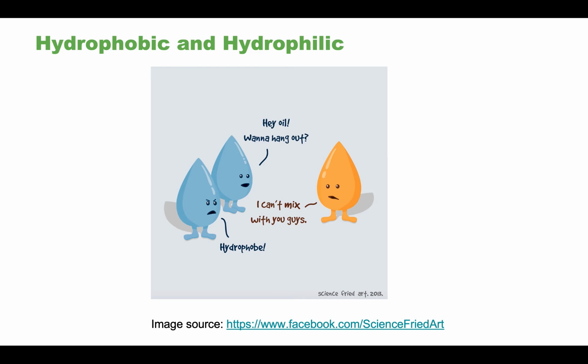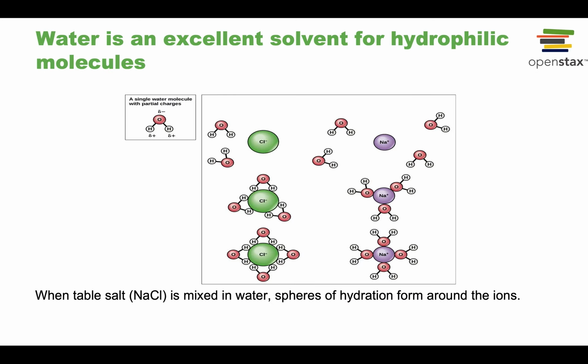Because they're hydrophilic, because they can form hydrogen bonds with water. Water is an excellent solvent for hydrophilic molecules. Why? Because hydrophilic molecules, as I mentioned, are either polar or they have charges or partial charges.